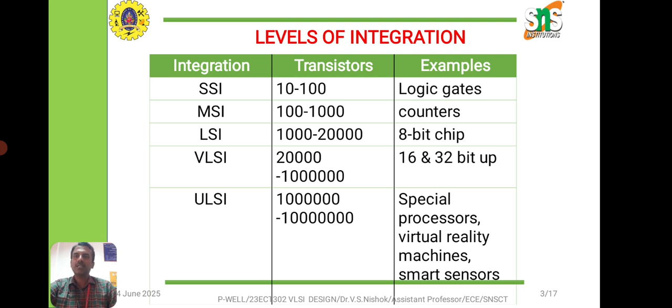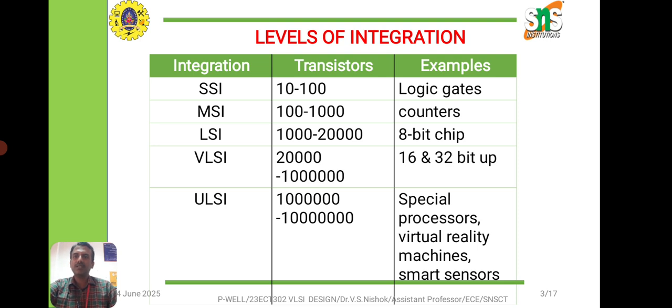Very large scale integration starts from 20,000 to 1 lakh or 10 lakh transistors, and the best examples are 16-bit or 32-bit microprocessors. Everywhere we use these transistors to design electronic circuits to obtain better, more efficient results.